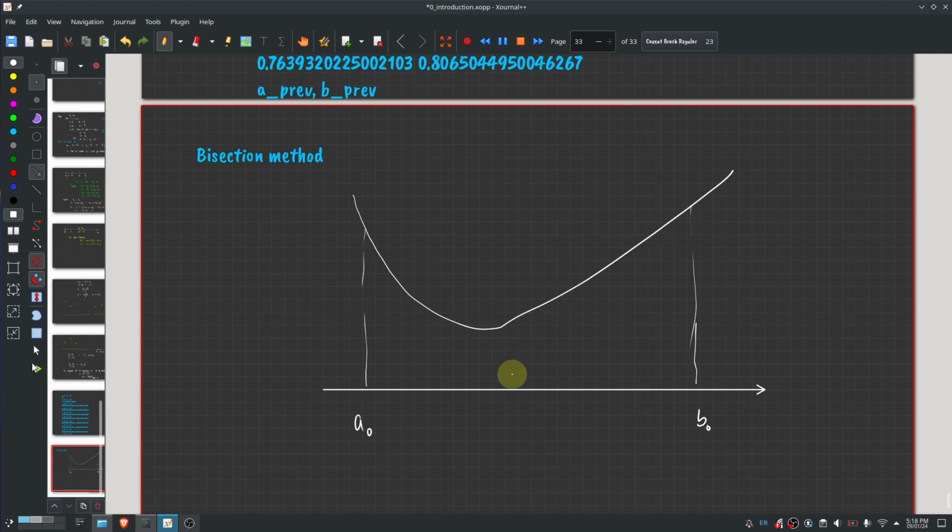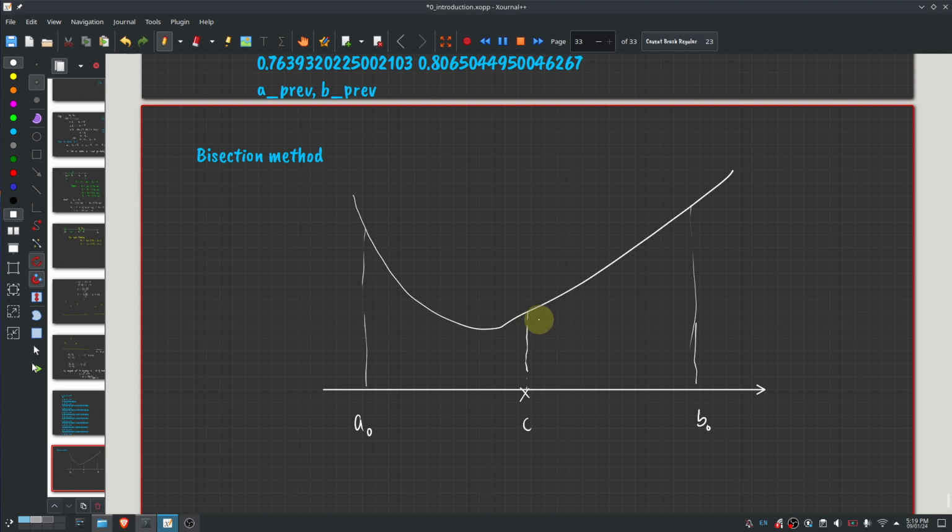Okay, now suppose I pick some other point in between. Let me call this C. Okay, and I find the derivative at C. If the minimum lies to the left of C, what should be the derivative at C?